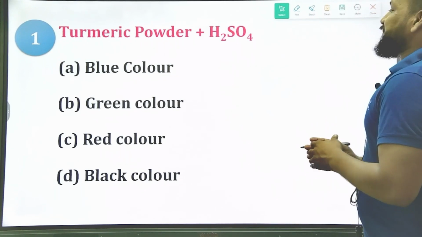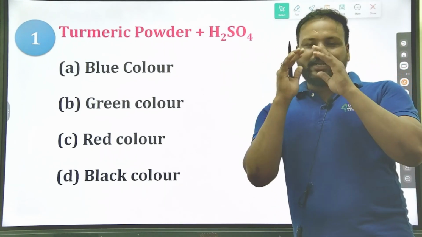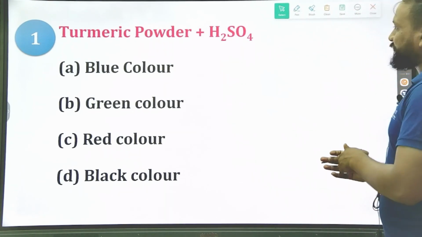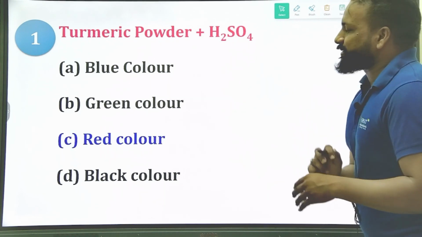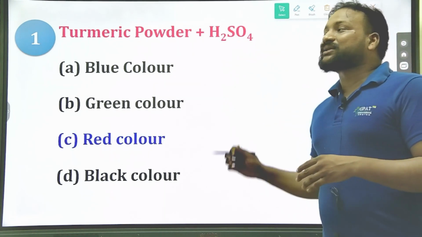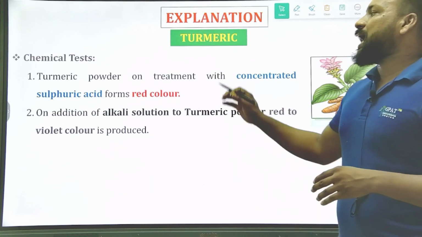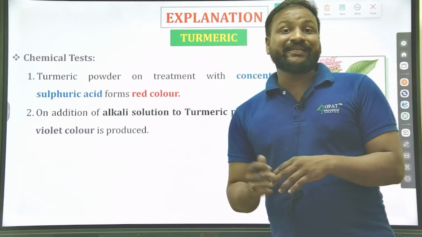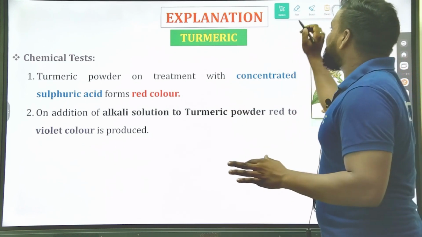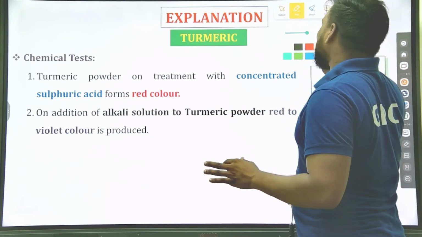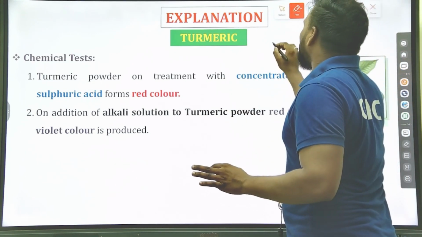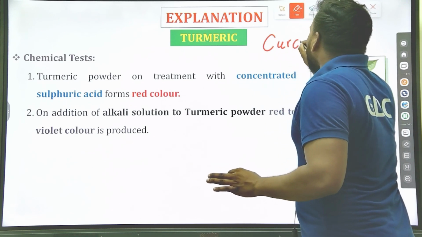Come on, what is the right answer? Let me check the right answer. Yes, it is going to liberate the red color, because upon addition of sulfuric acid it liberates red color because of one chemical content called curcumin.